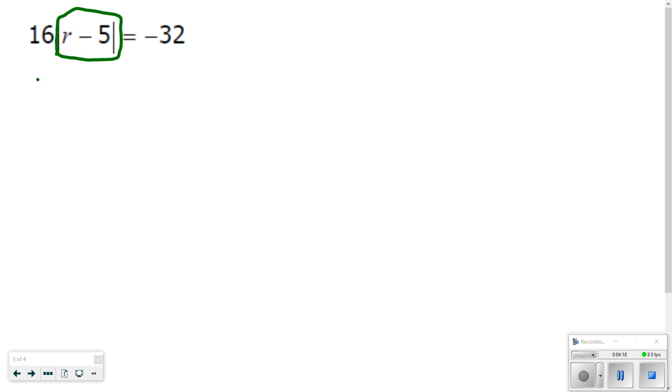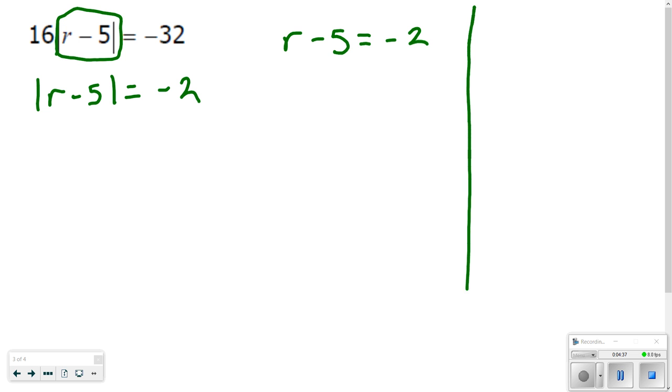So now we have r minus 5 in our absolute value bars still equal to negative 2. So now we can take what's inside of our absolute value, which is the r minus 5, and we can set it equal to a negative 2 and a positive 2. So establishing those two cases.